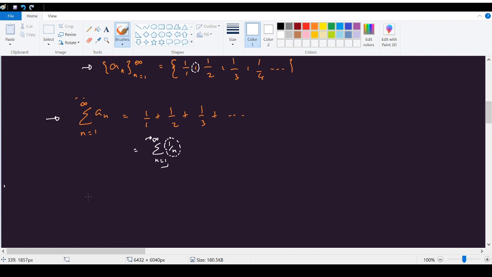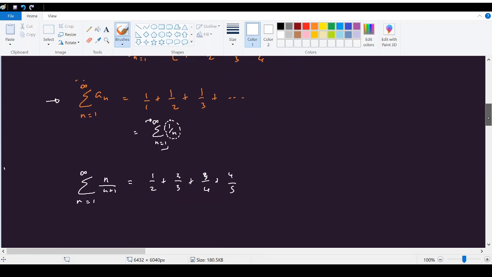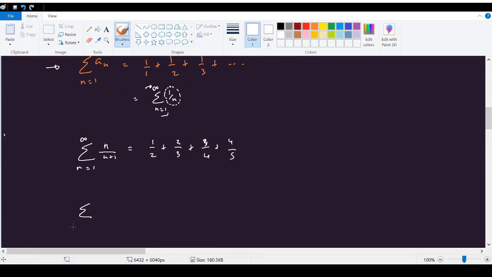Let's do another example. If we have n over n plus 1, remember, all these are sequences that we discussed before. So if we have this one, then we start with 1 and go up to infinity, 3 over 4, 4 over 5, and now we can even start the series from a different number like this.